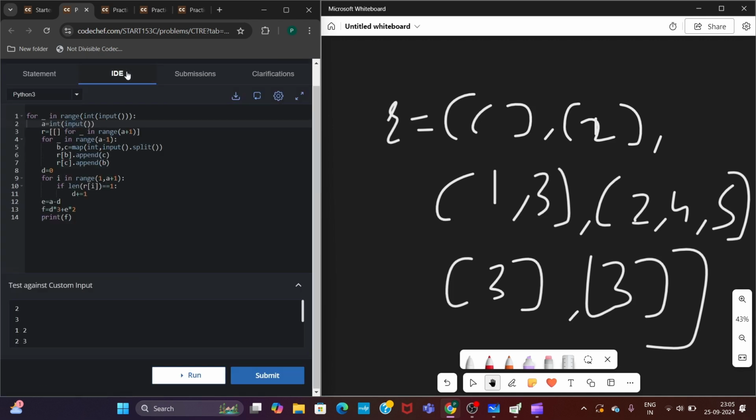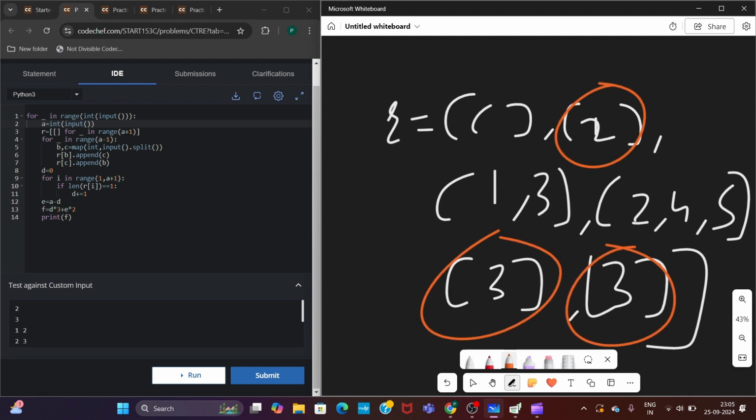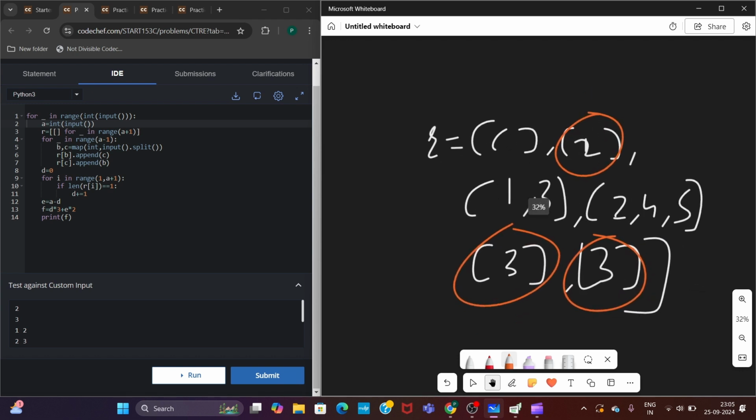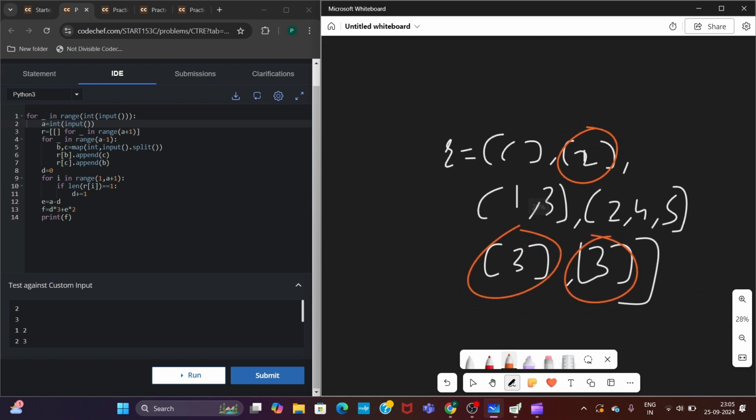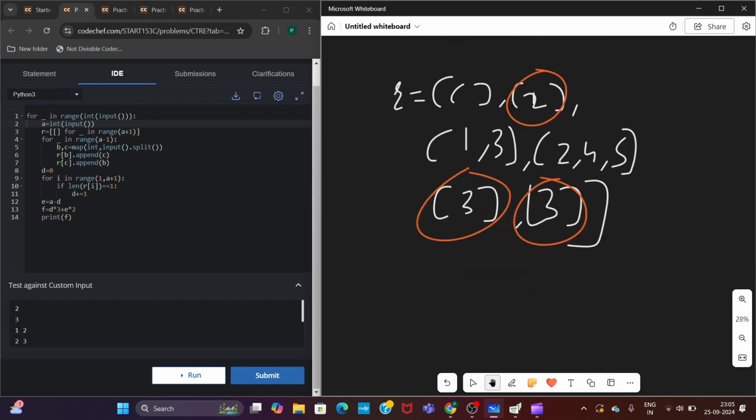Then we will check if an element is single over here, like these three elements, 1, 2 and 3. If they are single, our d will be incremented by 1. So basically we have got three single elements. So our d will be equal to 3.